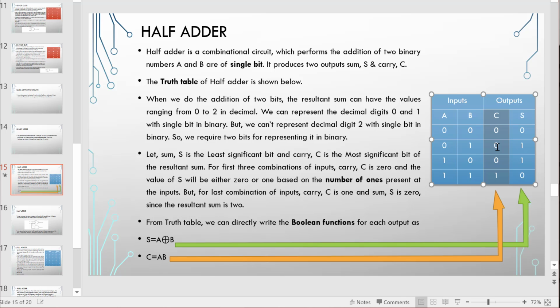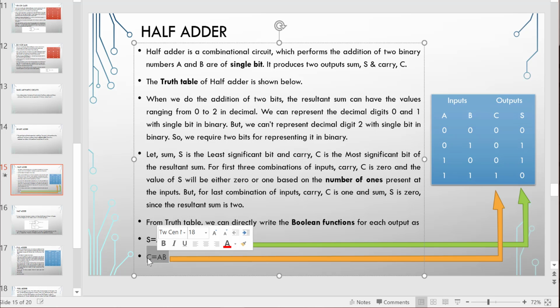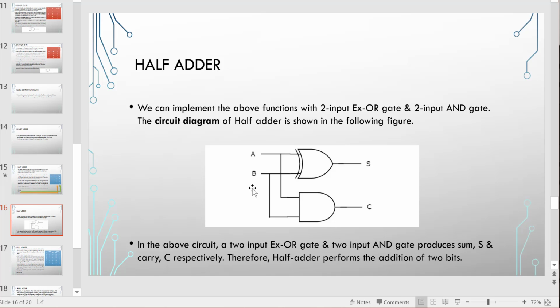A dot B or AB is the expression of the AND gate. So we will say that C equals AB. Now let's draw this C equals AB. We have lines from the inputs, an AND gate is used, and the output is C.